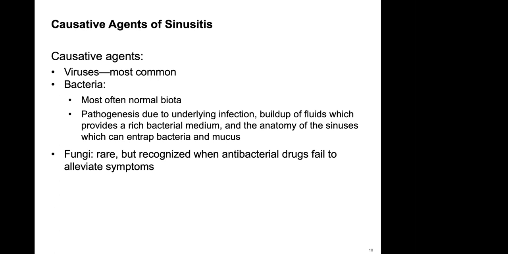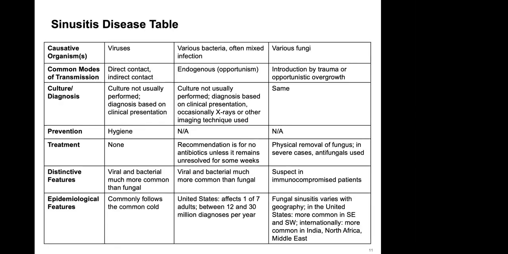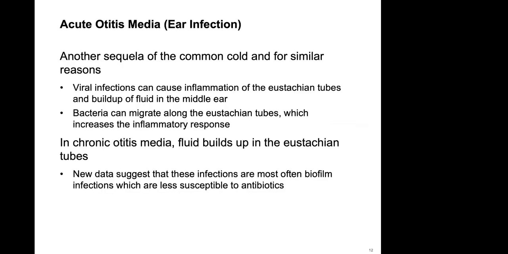Fungal species for sinusitis is actually quite rare, but it's often recognized when antibacterial drugs fail to alleviate any of the symptoms. And here's your little summary table on sinusitis.